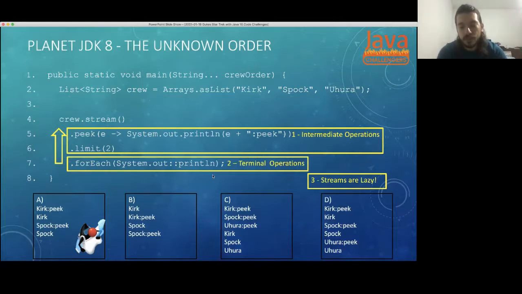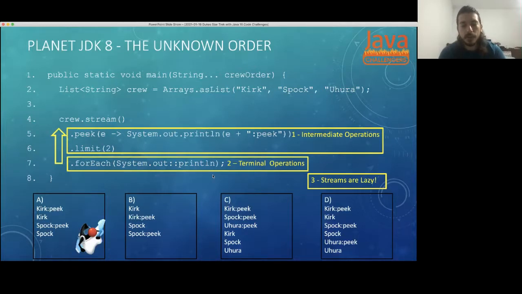The first thing that's very important with streams is that we have intermediate operation methods, which means that they are not invoked until the terminal operation method is invoked. An example of a terminal operation method is forEach or collect, and there are also others. But when there are no terminal operation methods, nothing on the stream will be invoked.